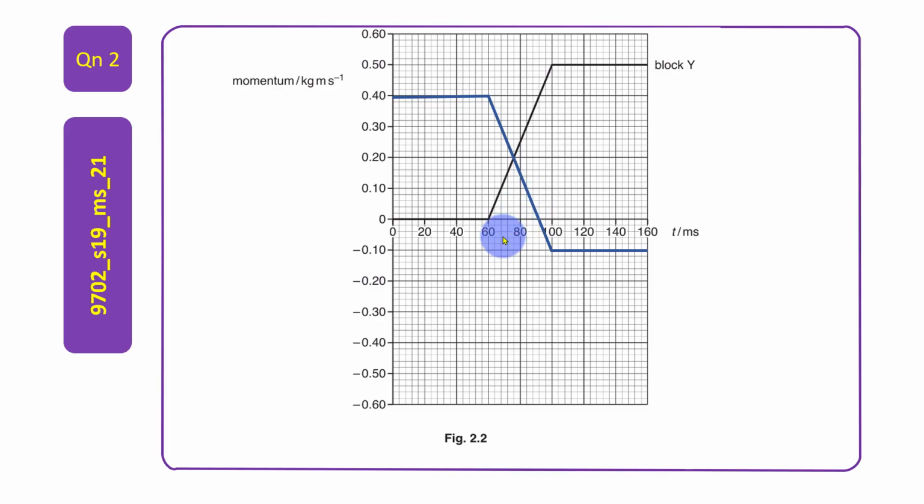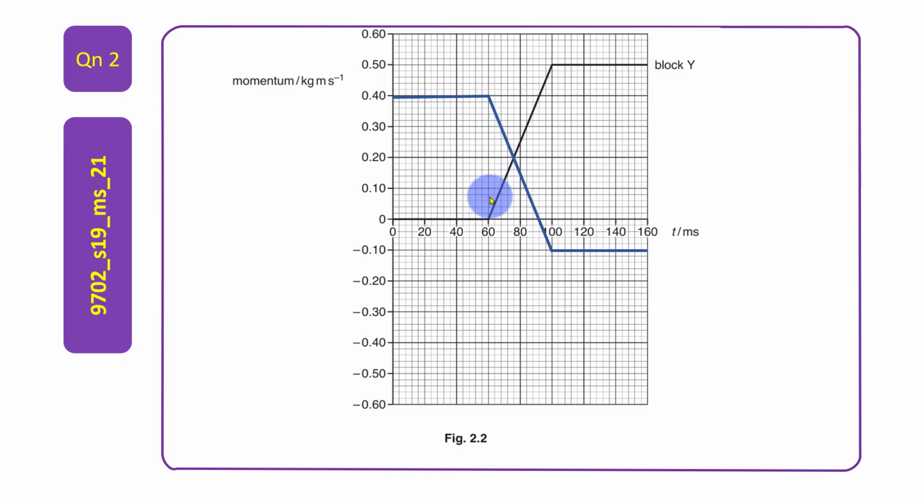Remember, before they collide, because they collide at this particular point, the momentum of y was 0, but the momentum of x was 0.4, and it was uniform. So there is this straight line here showing its momentum before they collide.